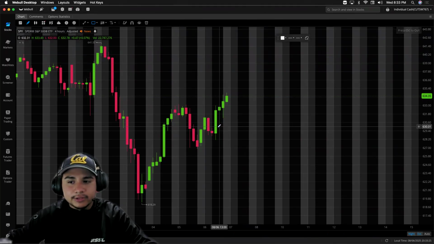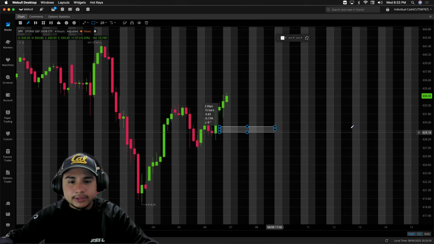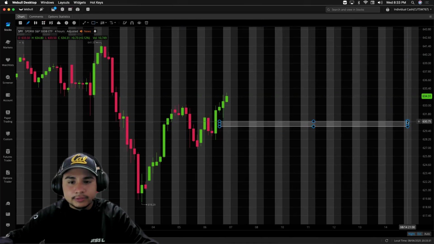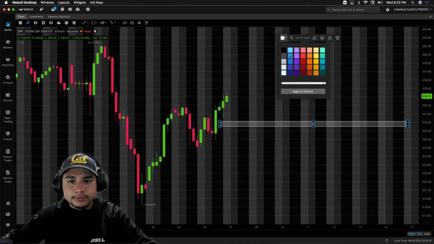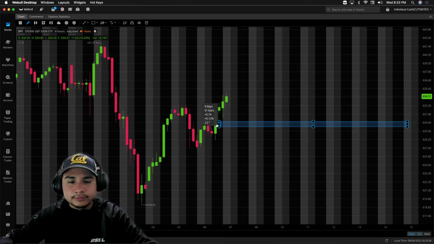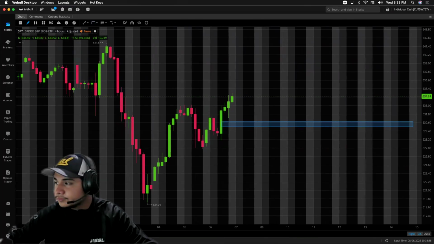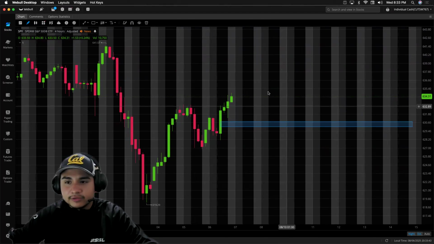So ideally, 630 here. It's a key zone. So 630, 632, 635, another key zone.